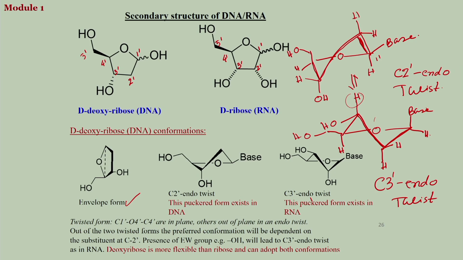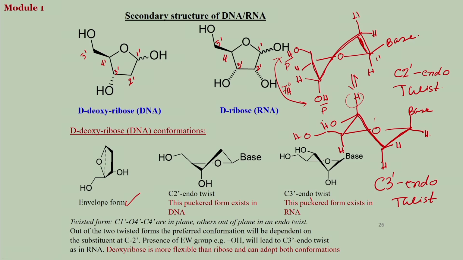So, another thing is that if you look at the phosphate, here will be a phosphate, here will be a phosphate, and then the distance between the two phosphate groups in this case is around 7 angstrom. That is, if you have a phosphate instead of H, if you have P, then this distance is 7 angstrom.